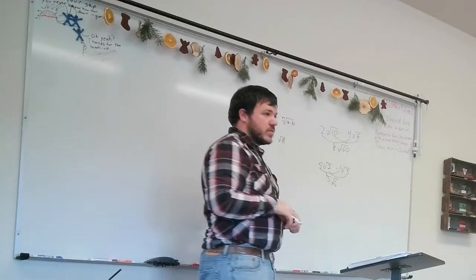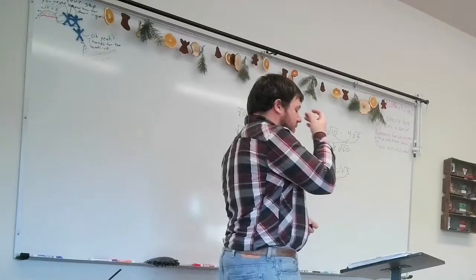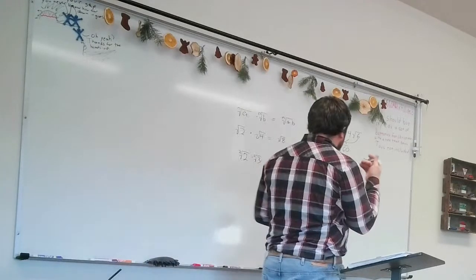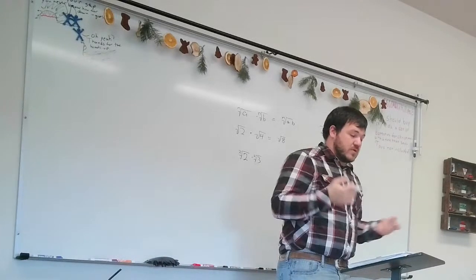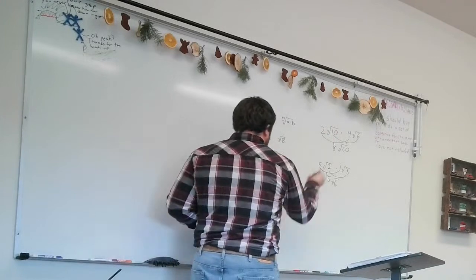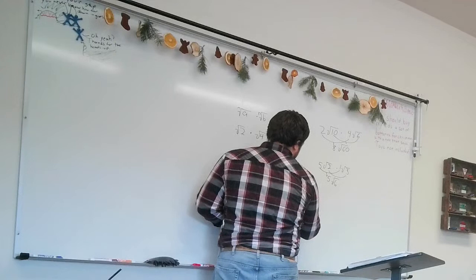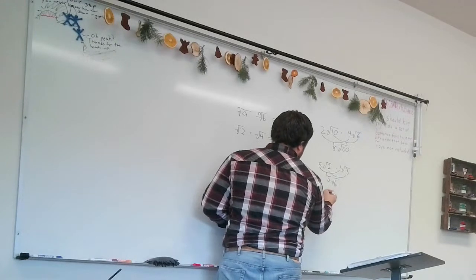If there's nothing as a coefficient of the radical, then just figure it's 1. Same as number x. You just always figure the coefficient of x is 1. Same situation.